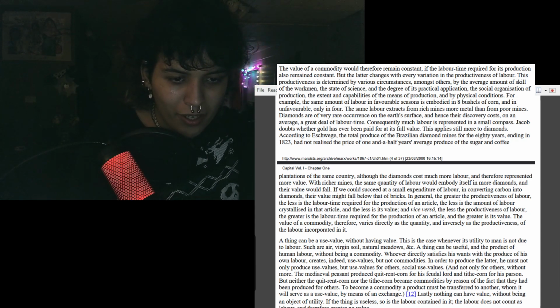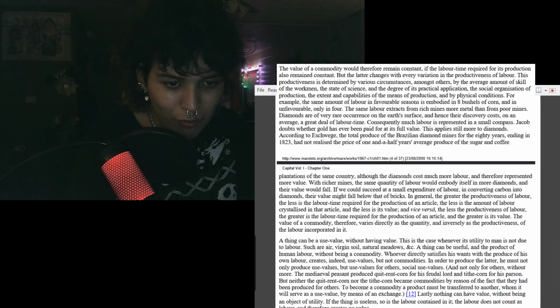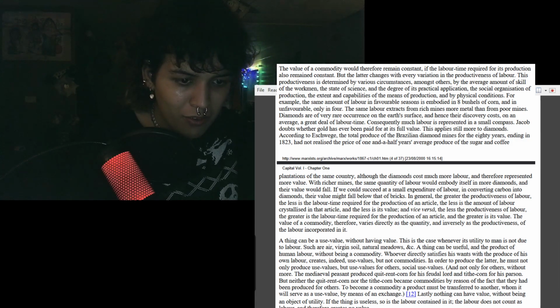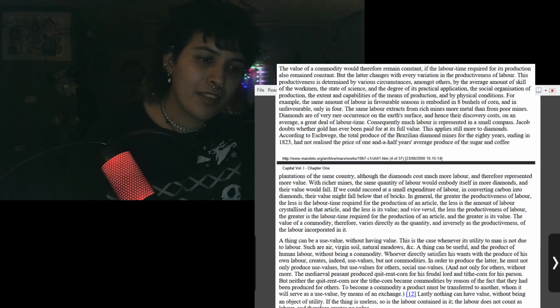The value of one commodity is to the value of any other as the labor time necessary for the production of one is to that necessary for the production of the other. As values, all commodities are only definite masses of congealed labor time.